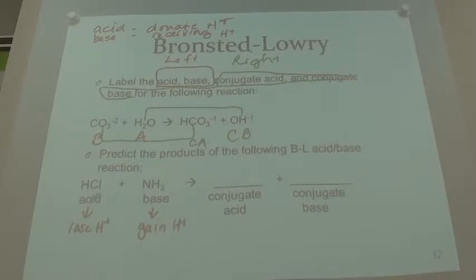So we want to make sure on the opposite side we make HCl lose a hydrogen ion. Will it be in this spot, the conjugate acid, or in this spot, the conjugate base? Conjugate base. When HCl loses a hydrogen ion, what's left over? Is that correct?